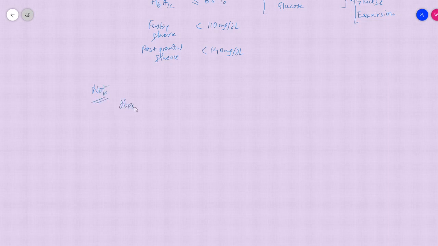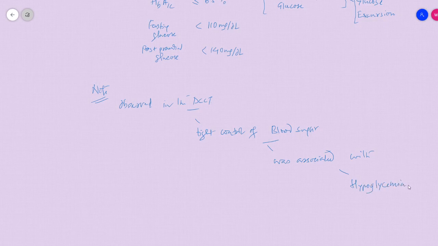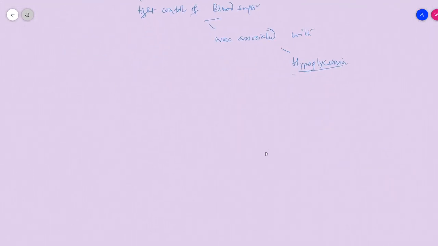It was observed in the DCCT, the Diabetes Control and Complications Trial, that the tight control of blood sugar was associated with hypoglycemia. Meaning there were instances where the blood sugar really went below normal.